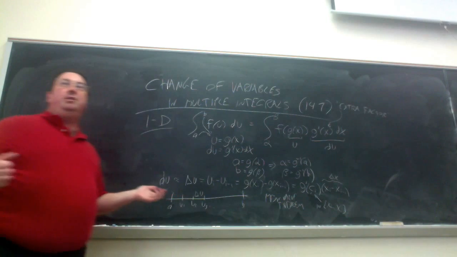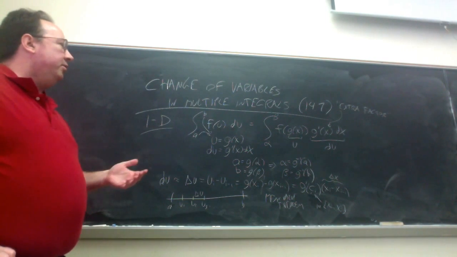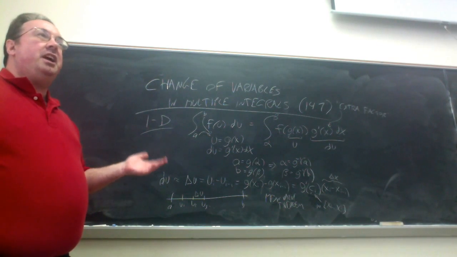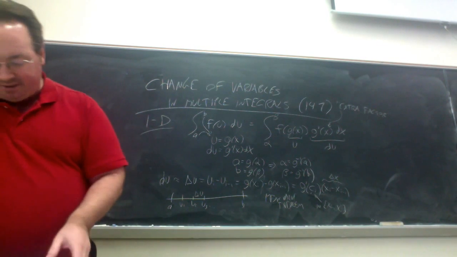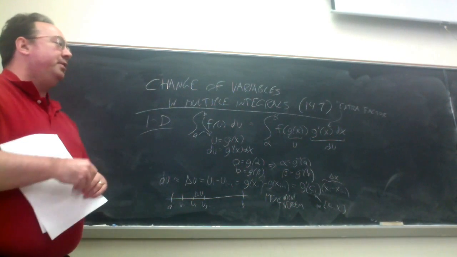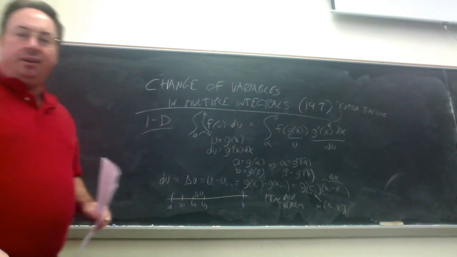It's like converting between inches and centimeters, for instance. But if you go to double integrals, now we're talking about relating areas of different shapes. And how do we handle that? So I'll rely on things that you've had an opportunity to forget from Cal 3 to explain that one.